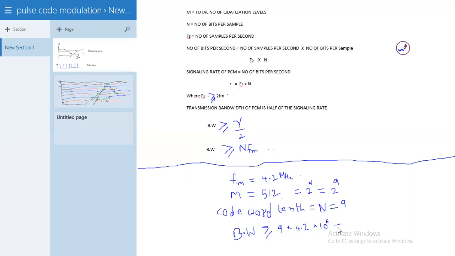Equal to 37.8 into 10 to the power 6. This is the bandwidth.